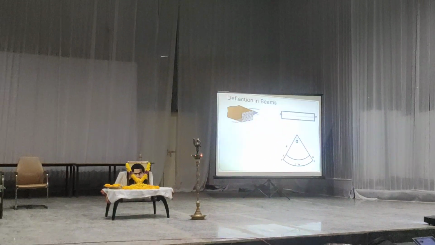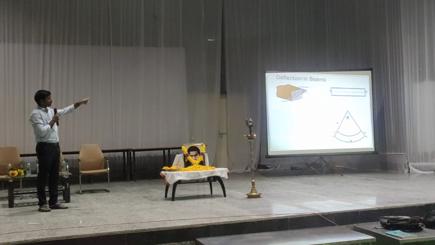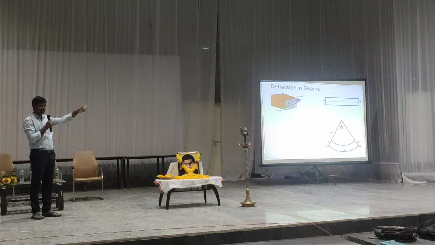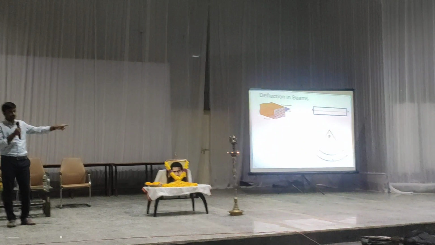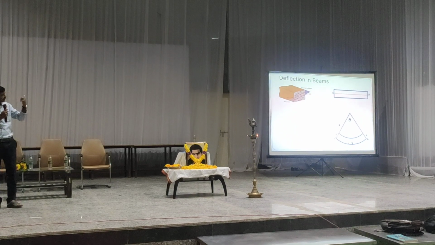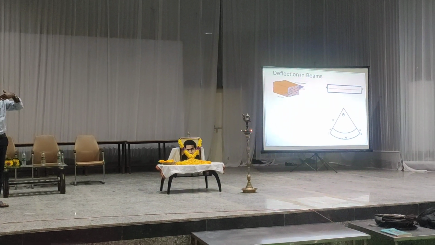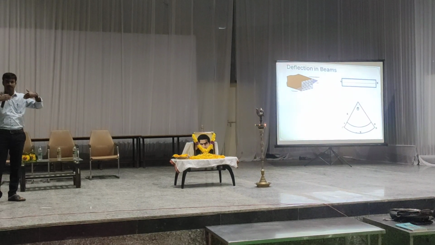So here you see the picture. Initially, the AB picture you can see, that is the initial picture, and this is after bending. Okay. So when you bend it, what happens? On the top layer, the compression is going to happen, and on the bottom layer, the expansion, the tension, is going to happen. Right?